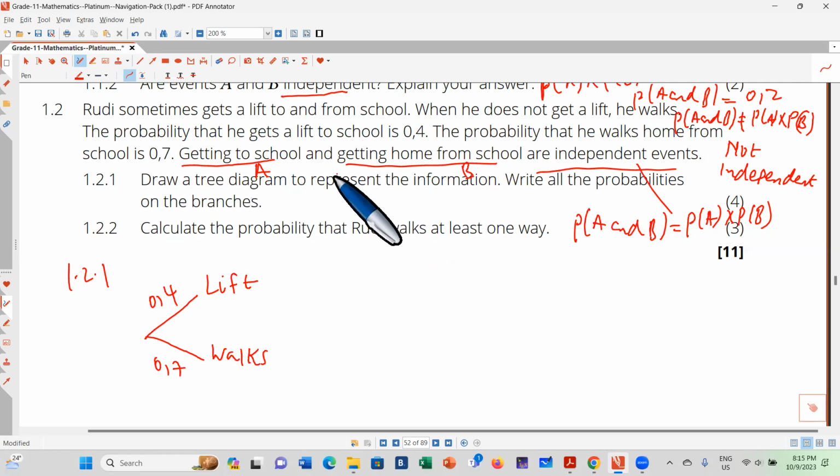Getting to school and getting home from school are independent events. So also here, either Rudy gets a lift or Rudy walks.